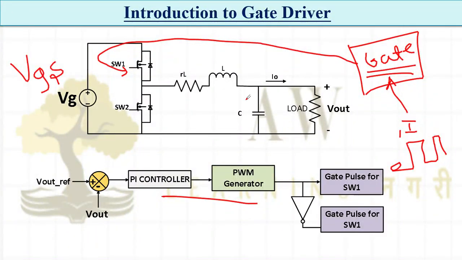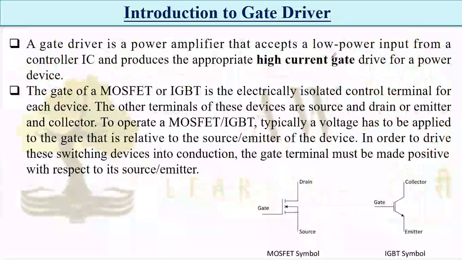So this is about the basics of the gate driver, why there is a requirement of a gate driver and what we need, right? Now we will see a few more things, and in the next class we will learn how to design the gate driver. So let's move forward. What I have told you is that a gate driver is just a kind of amplifier which amplifies the signal.